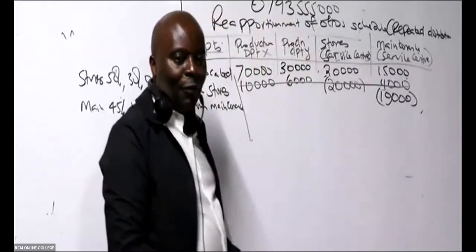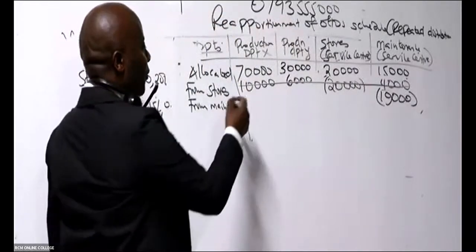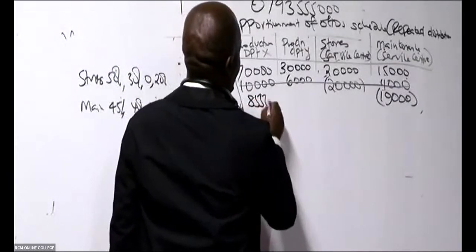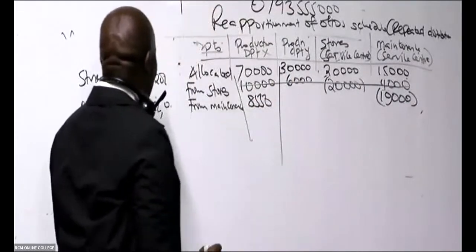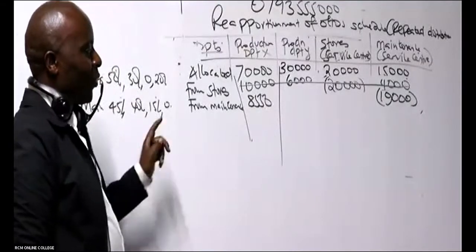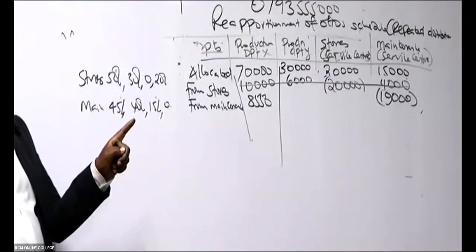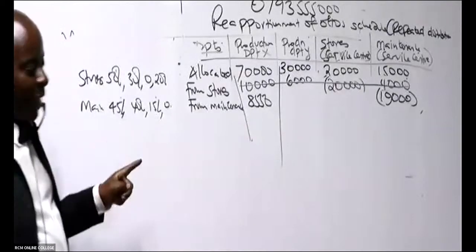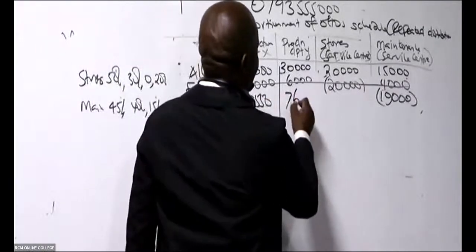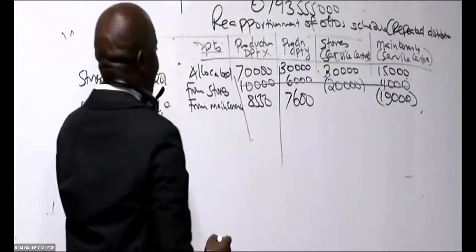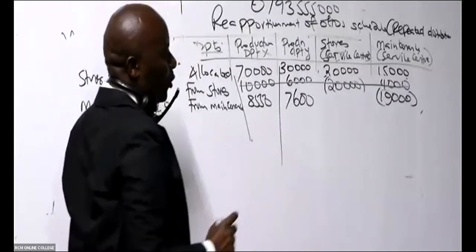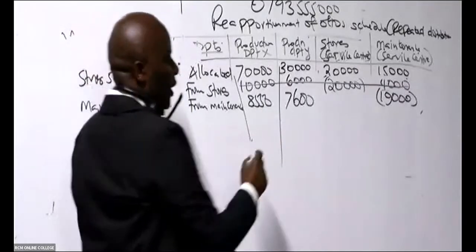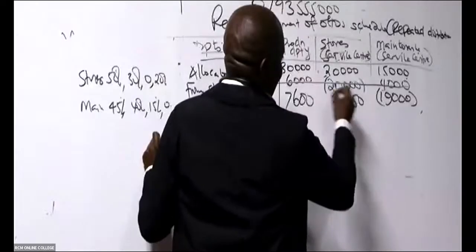They're giving me 8550. And then we have here 40% of 19,000. 7,600. And then we have 15% of 19,000. 2850. Positive, isn't it?